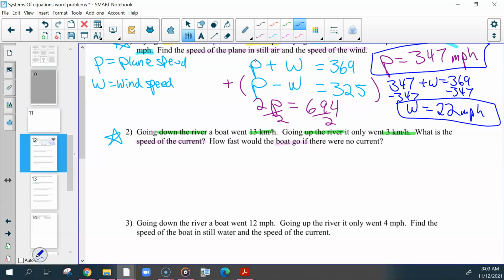The current or the current speed. And then how fast the boat would go, that's like the boat speed. So those could be your two variables. You can say S and B, X and Y, whatever two variables you want. C and D, it doesn't matter. I'm going to say C and D.